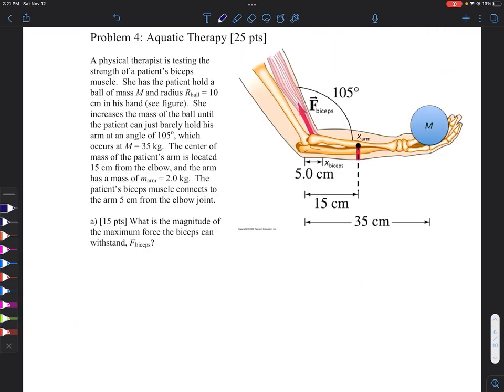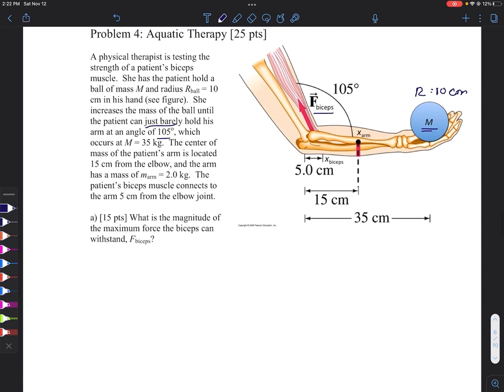A physical therapist is testing the strength of a patient's biceps. She has the patient hold a ball of mass M with radius 10 centimeters in his hand. She increases the mass of the ball until the patient can just barely hold his arm at an angle of 105 degrees, which occurs when this mass over here is 35 kilograms.